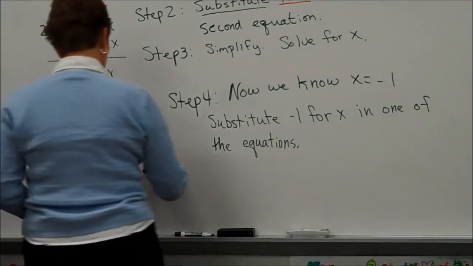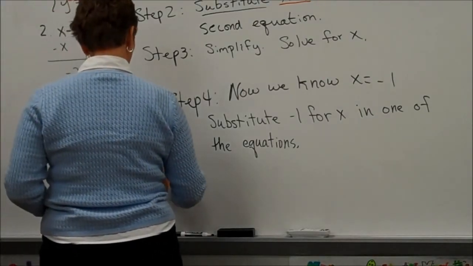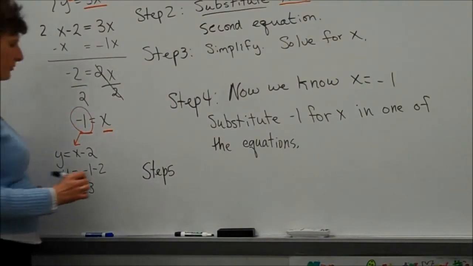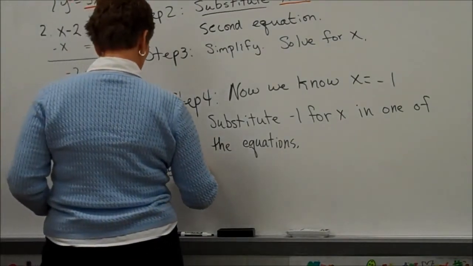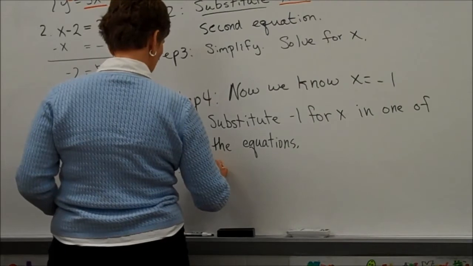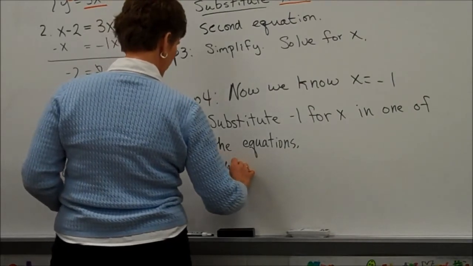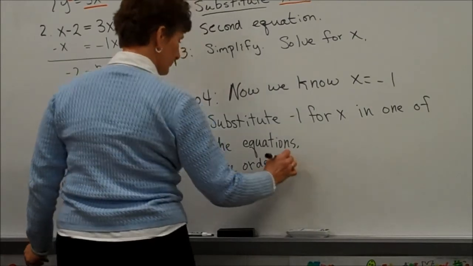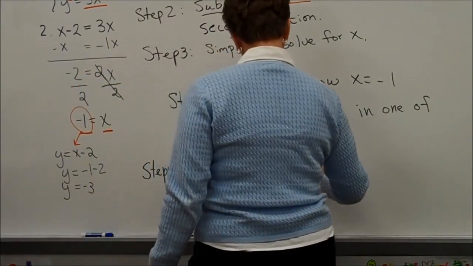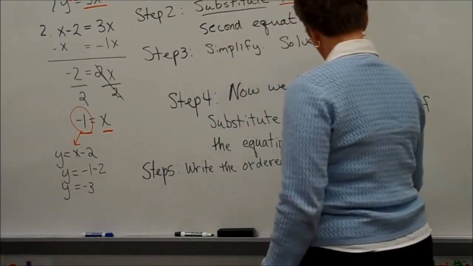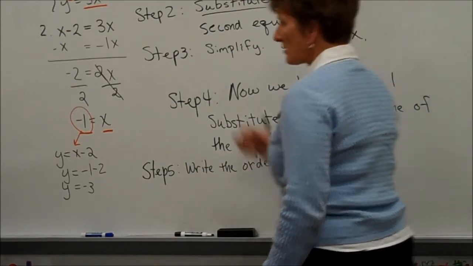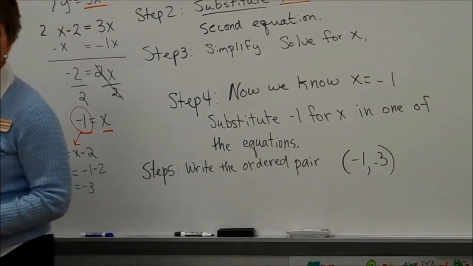So our fifth step is to write our x and y as an ordered pair. This ordered pair, -1, -3, is the solution to our system of equations.